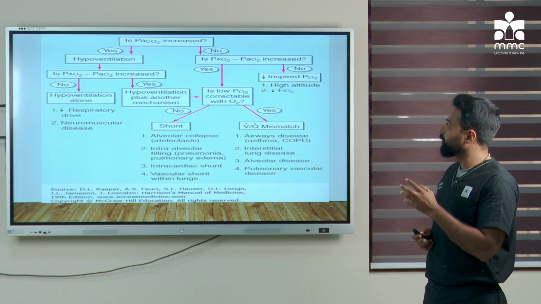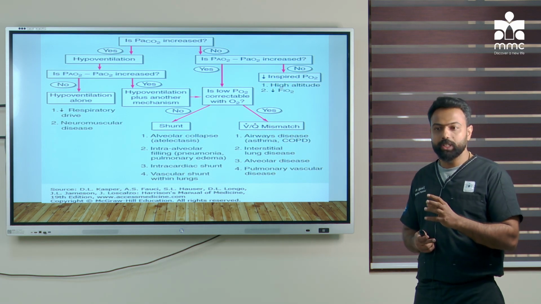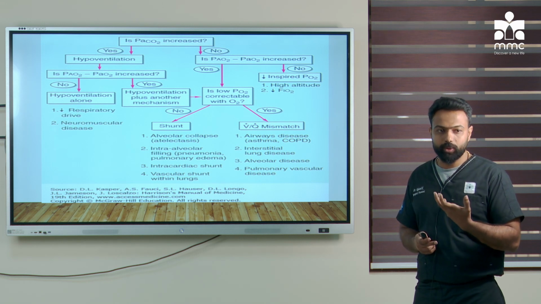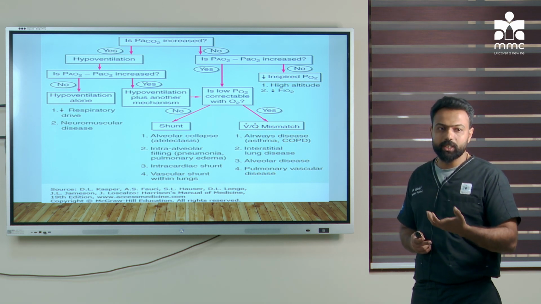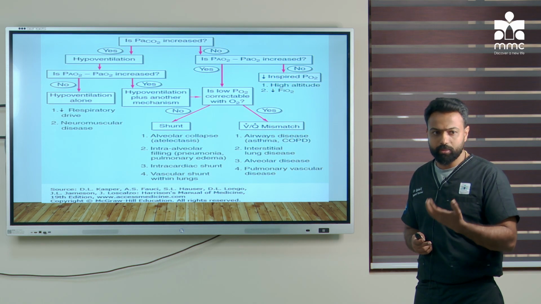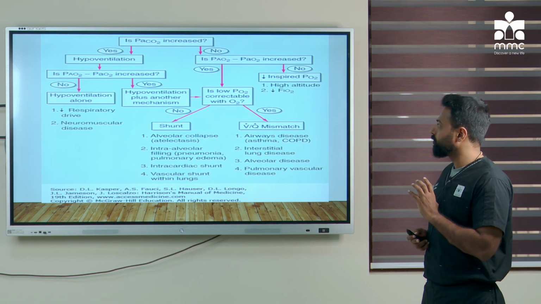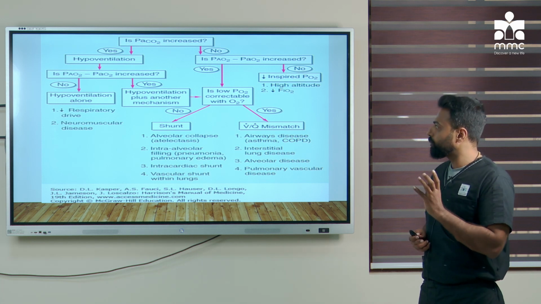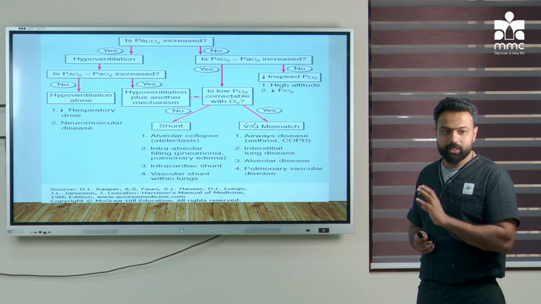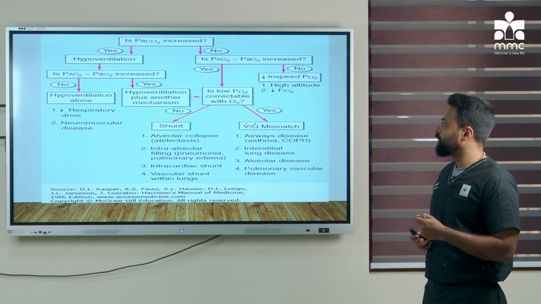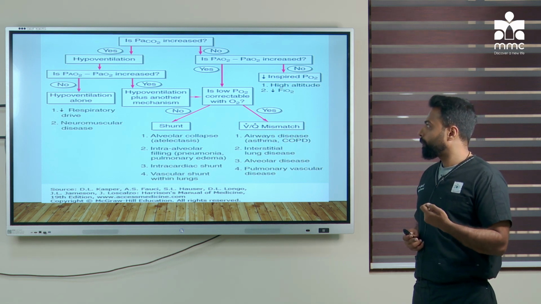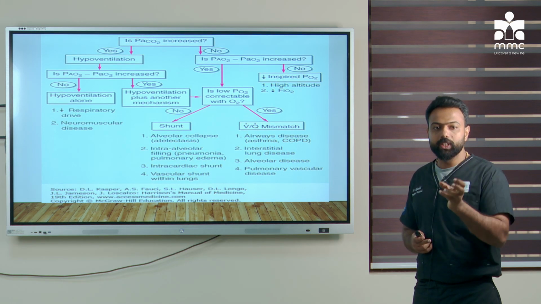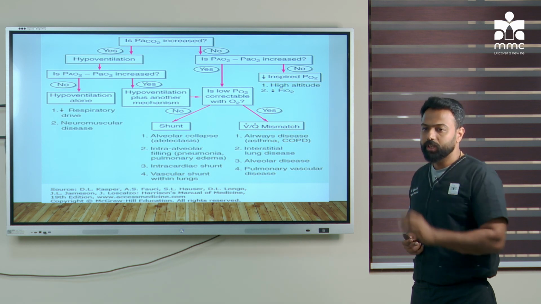For example, if a patient presents with increased PCO2, what does it mean? The patient is retaining carbon dioxide in the body. Carbon dioxide retention means there is hypoventilation; the patient is maybe not breathing properly. How do you differentiate? By looking at the AA gradient. If the gradient is increased, there is hypoventilation plus another mechanism causing a problem in the diffusion of oxygen from the alveoli to the arteries.